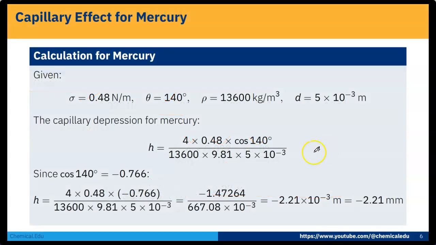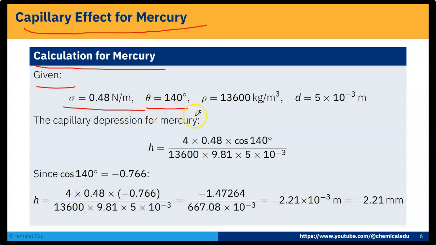Now coming to the capillary effect for mercury. For the calculation for mercury, sigma is 0.48 Newton per meter, theta is 140 degrees, rho is 13,600 kg per meter cube, D is 5 into 10 to the power minus 3 meter. For the capillary depression or capillary fall for mercury, H is again 4 sigma cos theta by rho g d.